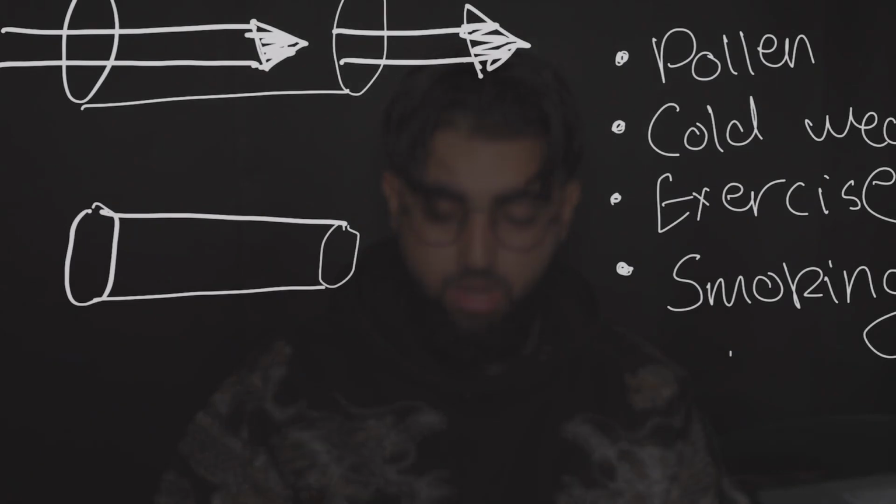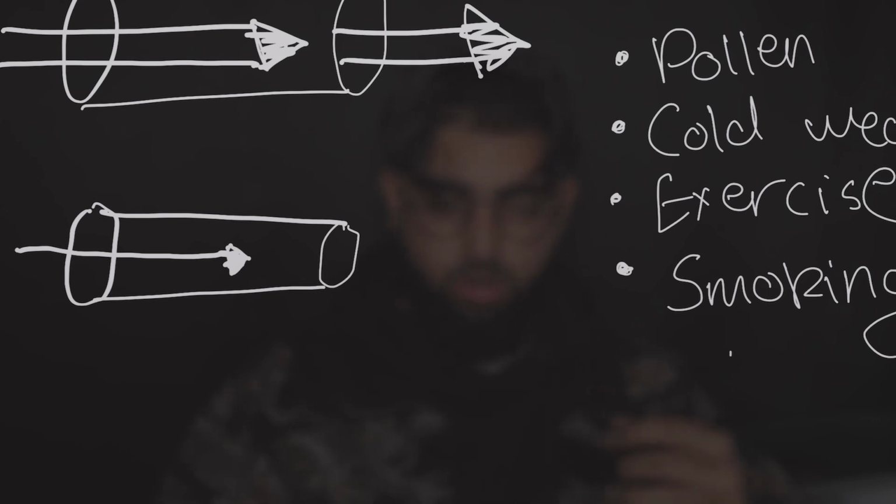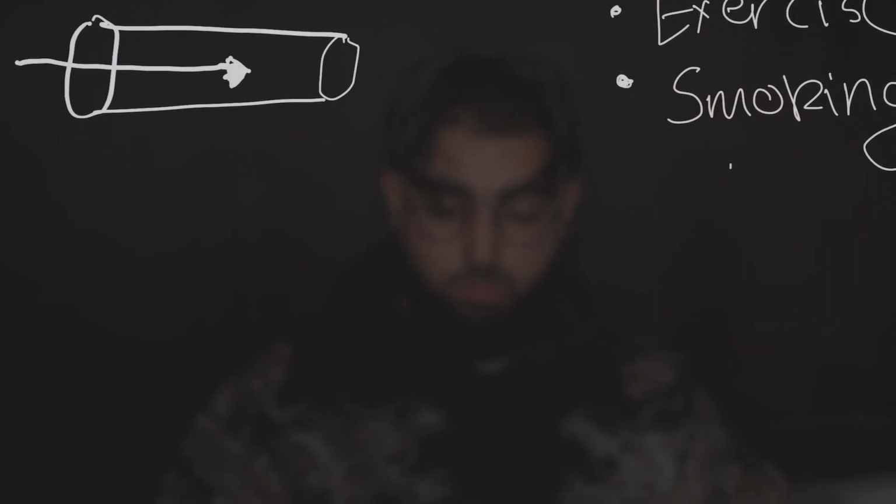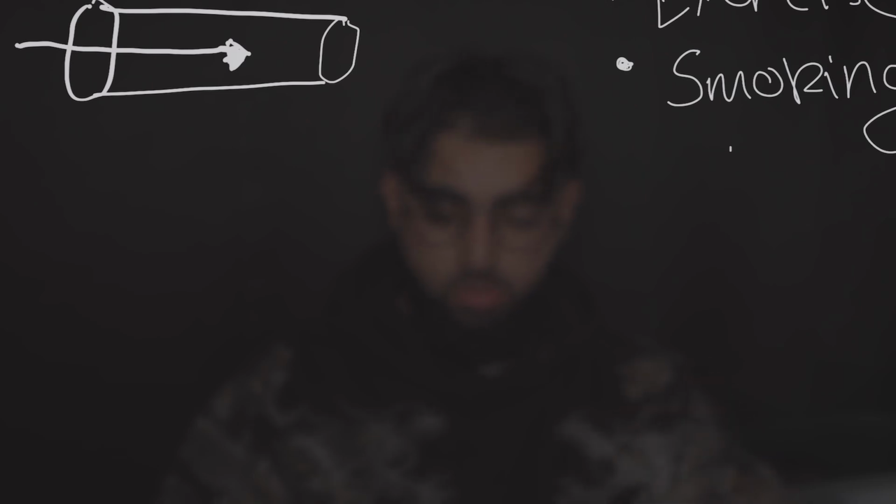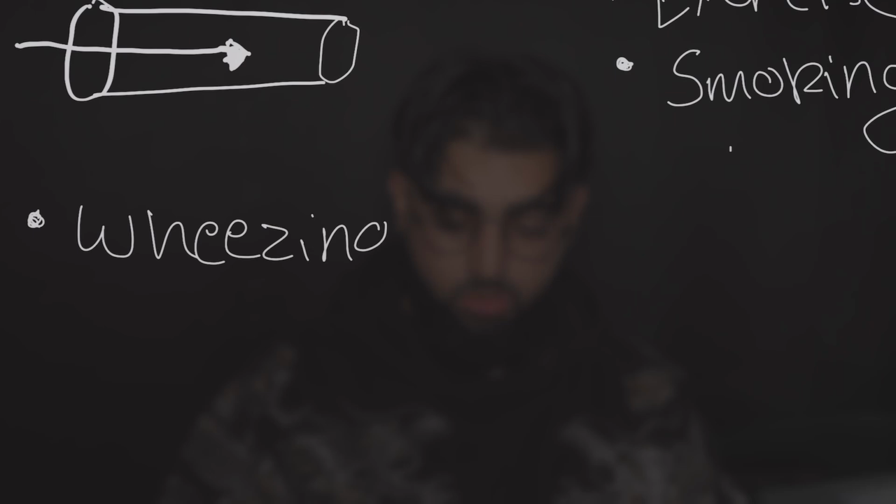As we know, with any sort of inflammatory process, the tissues that are inflamed become swollen, and as these airways become swollen, they constrict. This constriction leads to the narrowing of the actual bronchi and the bronchioles within the lungs. So when the airways constrict, it means less air can actually pass through. When less air is able to pass through, we get the characteristic wheezing sound that you might have heard with patients who have asthma.